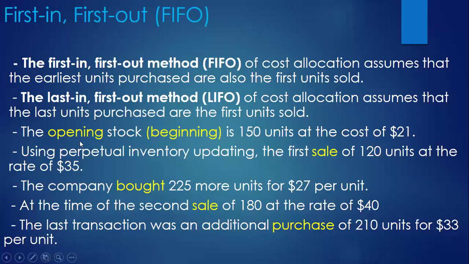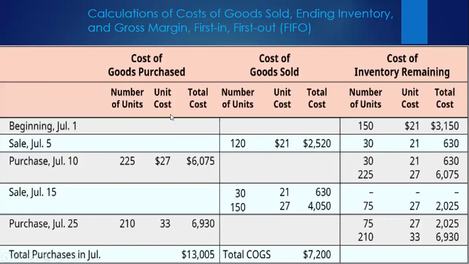Let's see the next transaction we have here. We have a sale of 120 units. The selling price is 35. We're not going to care much about the selling price at this moment. The schedule is only about cost. There are no selling prices here.